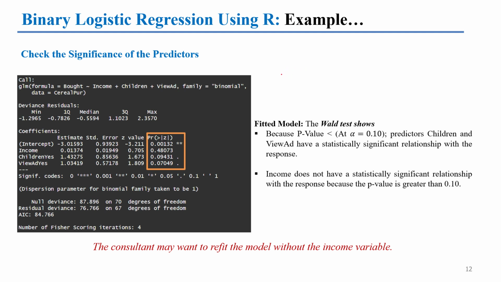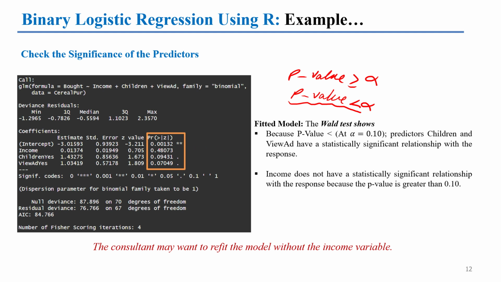The basic idea is, if the p-value is greater than or equal to your pre-decided alpha, then we say that that particular variable is not significantly affecting our dependent variable. But if the p-value is less than your pre-decided alpha, then we can say that that particular variable is significantly affecting the dependent variable.